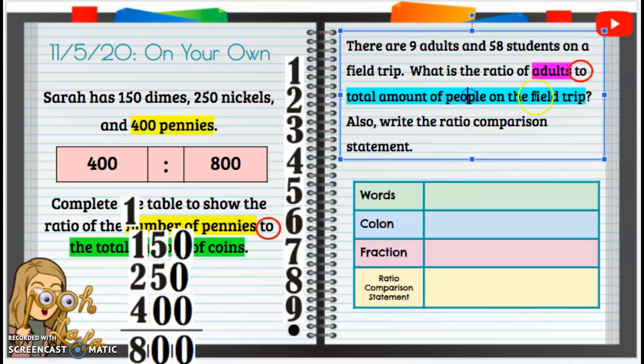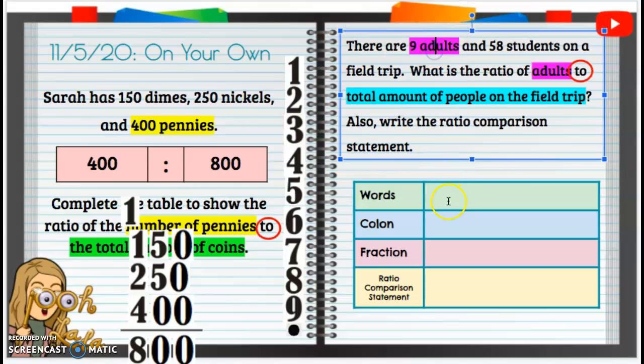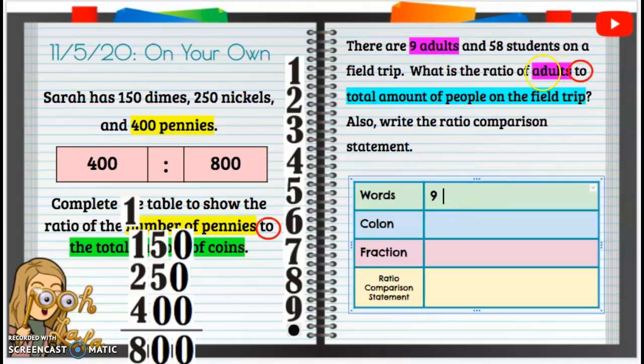Adults to the total. So how many adults are there? Well, it says there's 9 adults. So I know that 9 is going to go first because order matters. How many total people? All right, so total, what are we going to do?